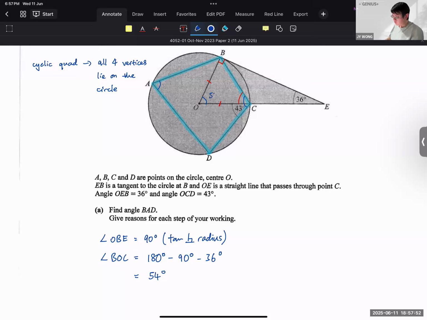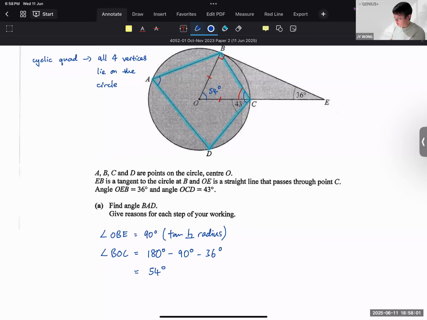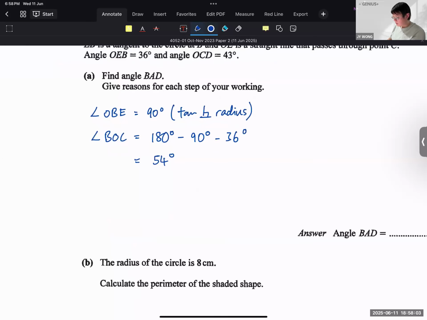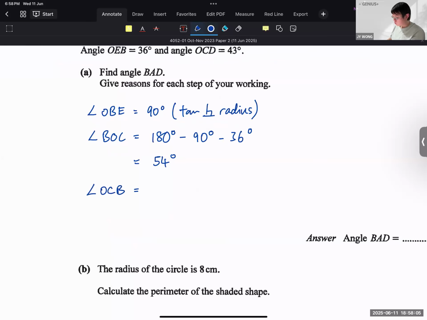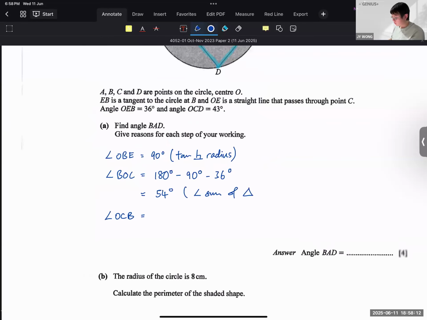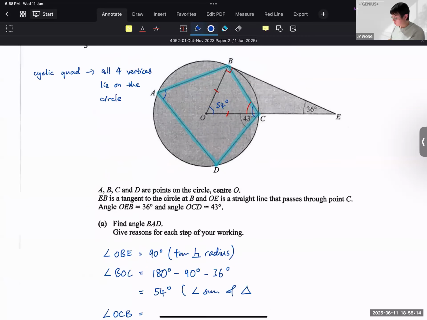So now that you know BOC is 54, you will now be able to find angle OCB. So angle OCB is equal to, by the way, I forgot to write the reason, angle sum of triangle OBE.